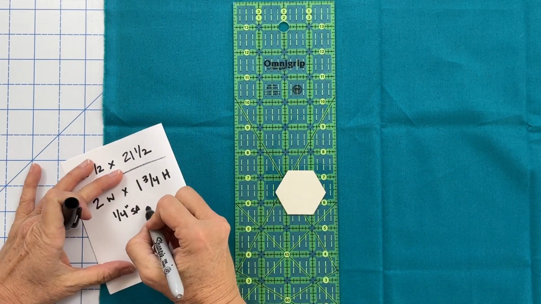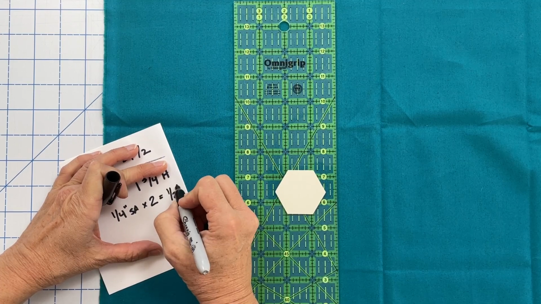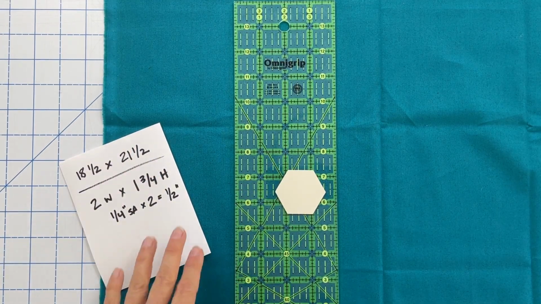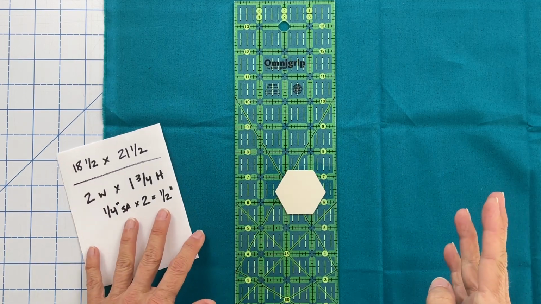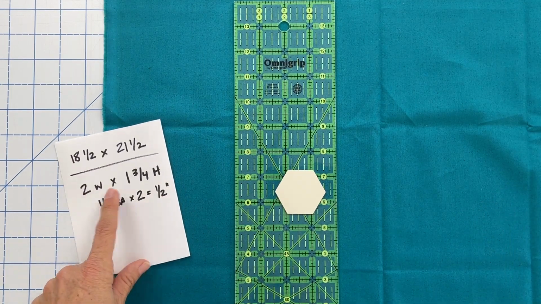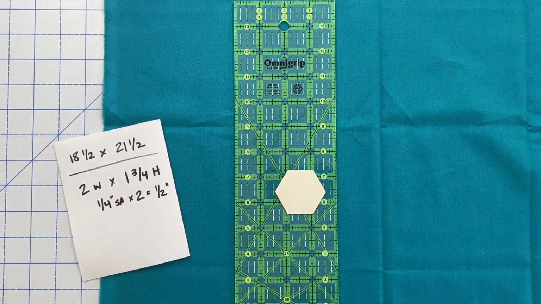So 1/4 inch times 2 is going to give us 1/2 of an inch. Now that we have our total seam allowance, we're going to add 1/2 inch to the width and 1/2 inch to the height of the size of our shape.